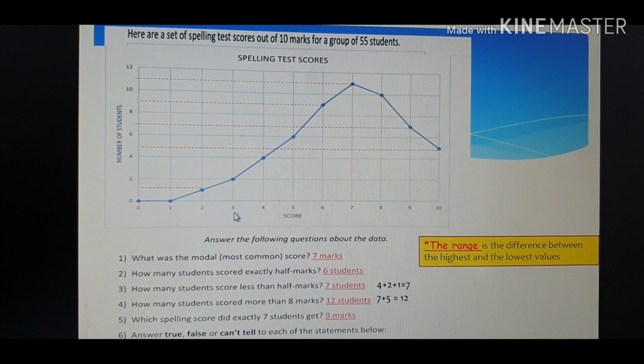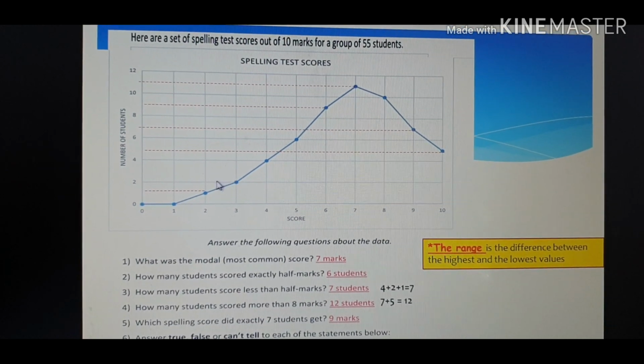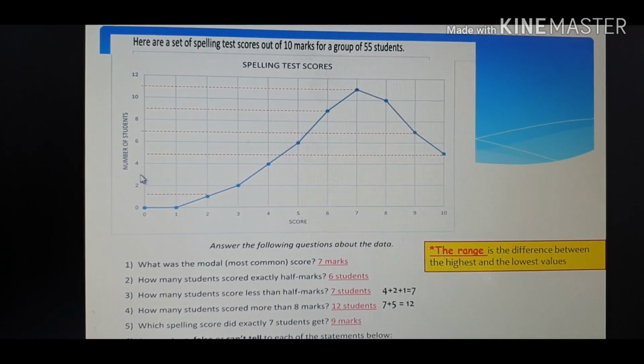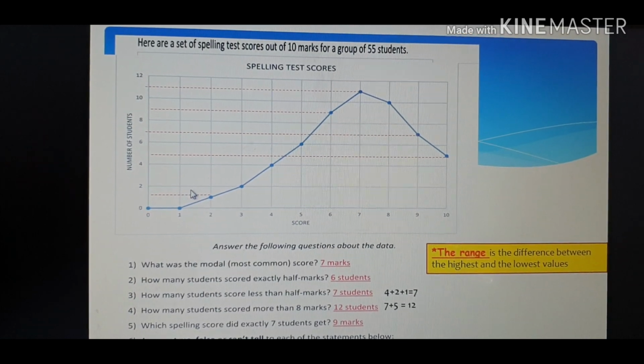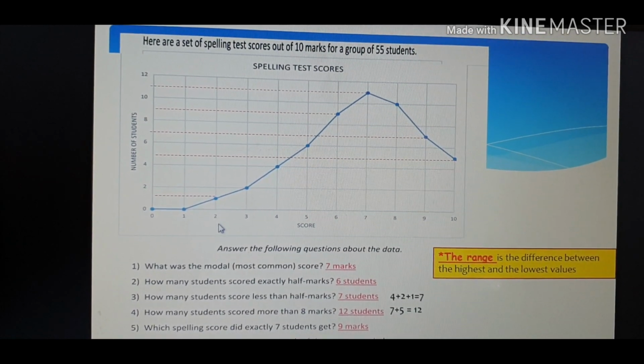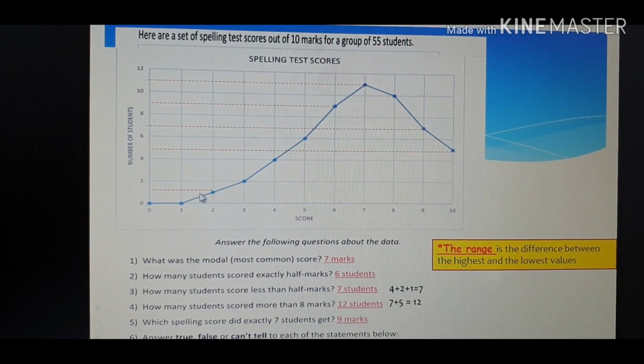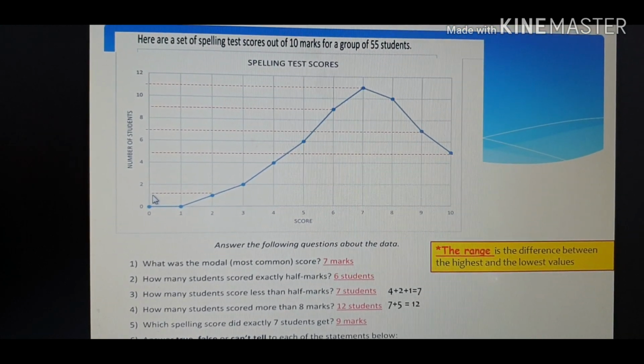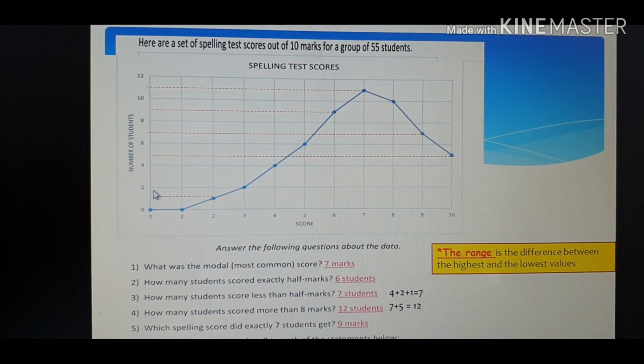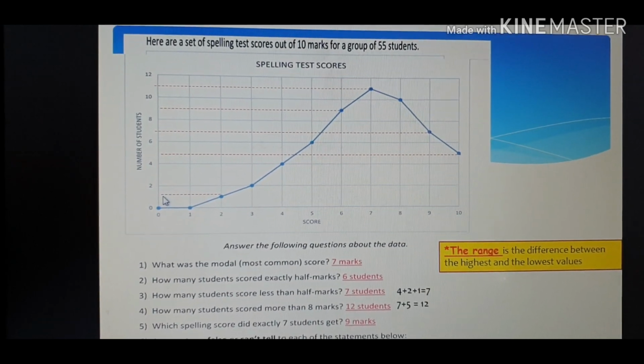At 3, I go up and to the left: 2 students got 3 marks. At 2 marks, I go up and to the left. Between 0 and 2, that means 1 student got 2 marks.